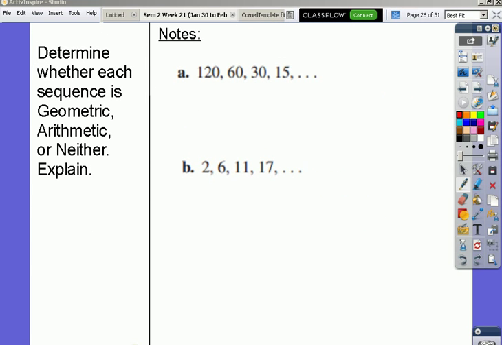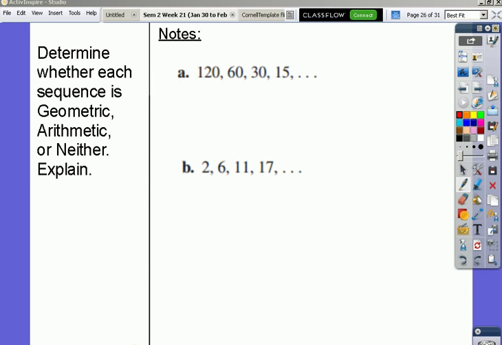Alright, so to tackle something like A and B, you're going to take each term and divide it by the preceding one, the one before it. So you're going to take 60 divided by 120, and you get what? 6 over 12, which is 1/2. Close.